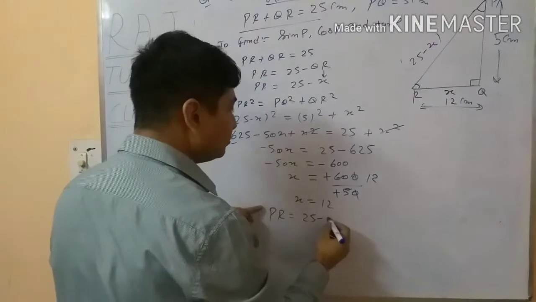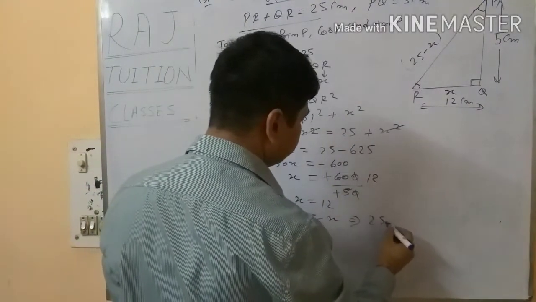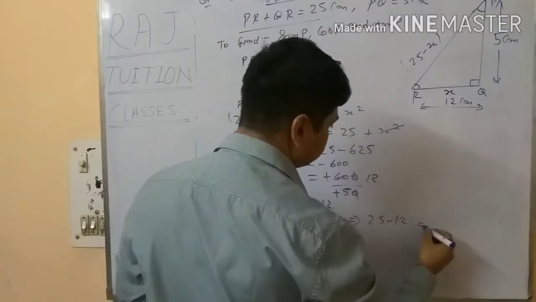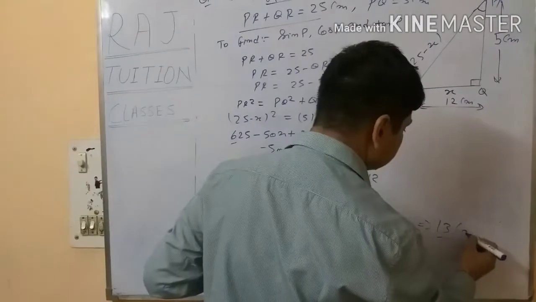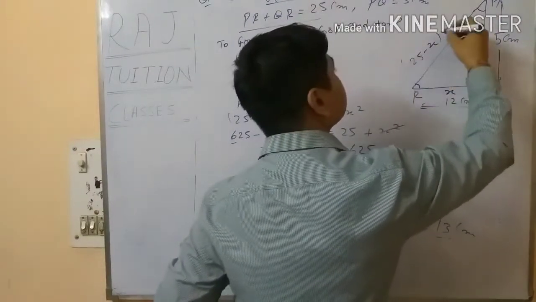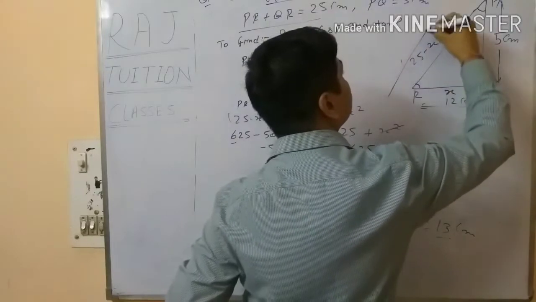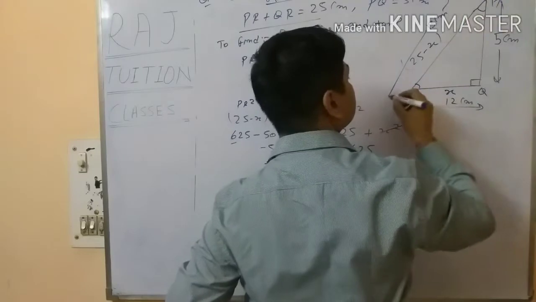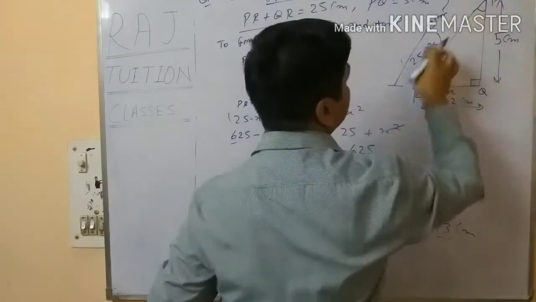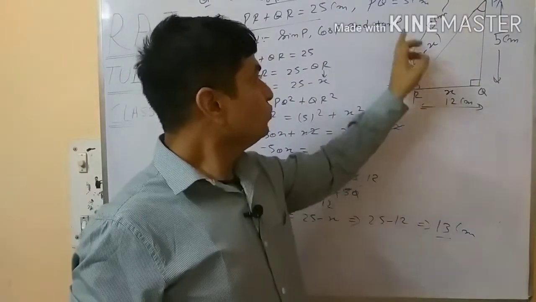This is 25 minus x, meaning 25 minus 12, and PR will become 13 centimeters. Now we have all the sides P, Q, R.